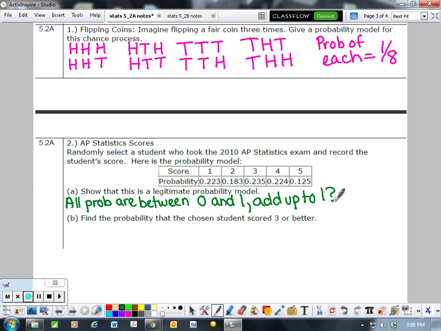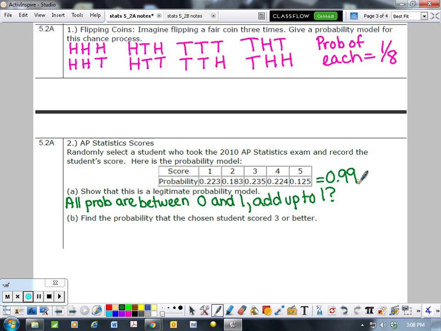So we're going to grab our handy dandy calculator and add up all those probabilities. 0.223 plus 0.183 plus 0.235 plus 0.224 plus 0.125 gives me 0.99. So now the question is, does it add up to 1?